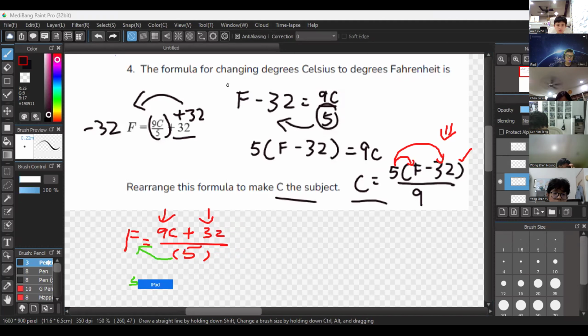So 5f equals to 9c plus 32. But for this question, we cannot. Why? Because this 5 is only under 9c instead of 32. So the best thing is we move this 32, one term on its own, to the other side first.